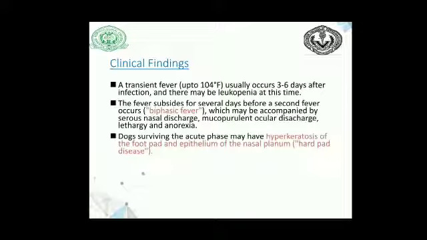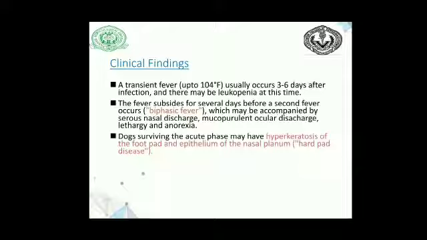Coming to clinical findings. What are the signs and symptoms of canine distemper seen in dogs? A transient fever up to 104 degrees Fahrenheit usually occurs 3 to 6 days after infection, and there may be leukopenia at this stage. The fever subsides for several days before a second fever occurs.